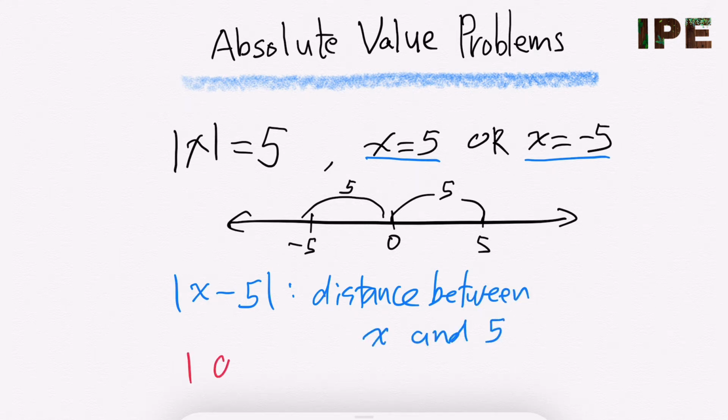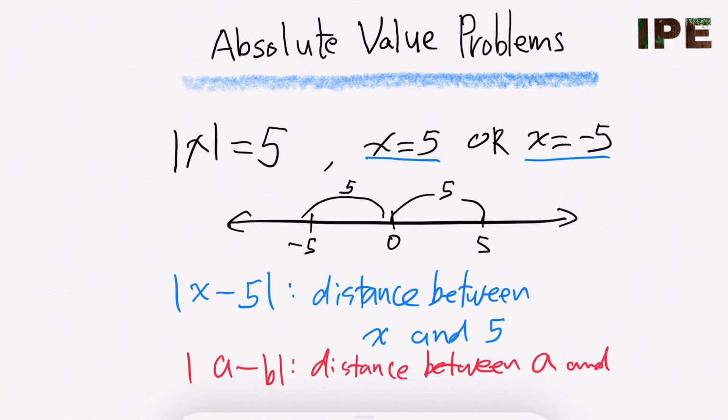The absolute value of a minus b means the distance between a and b. So many problems about absolute value in the SAT are actually asking you the definition, how much you understand it: the absolute value of x, or the absolute value of a minus b, which is the distance between a and b.